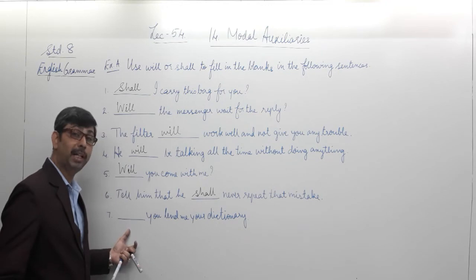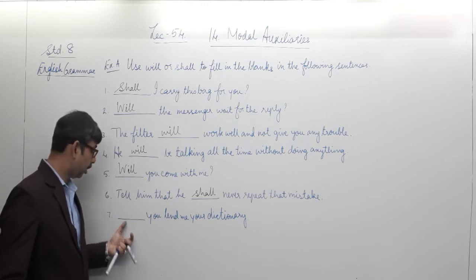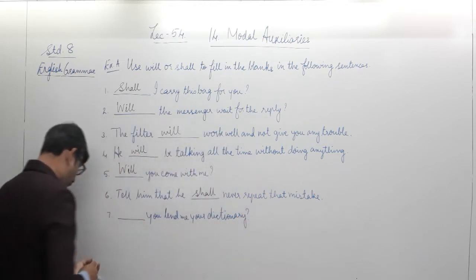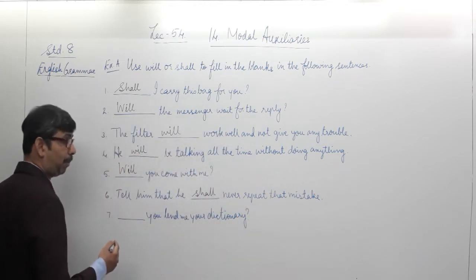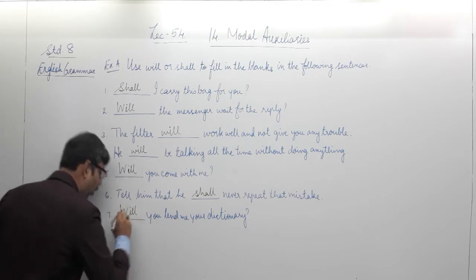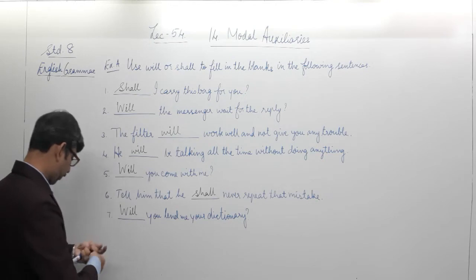So you are trying to find out whether a person is willing or not. A kind of willingness being expressed over here. So dash you lend me your dictionary. So question being asked over here. So we will be inserting the auxiliary verb will and not shall by saying shall you lend me? No. You will write will you. Will you lend me your dictionary?